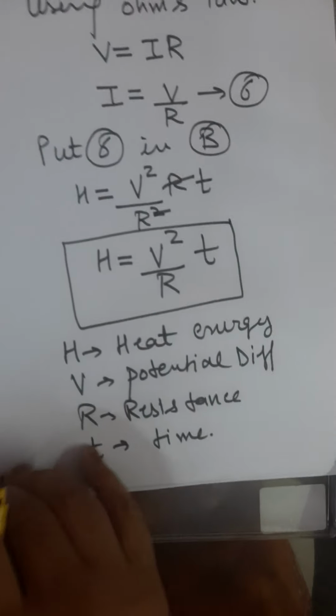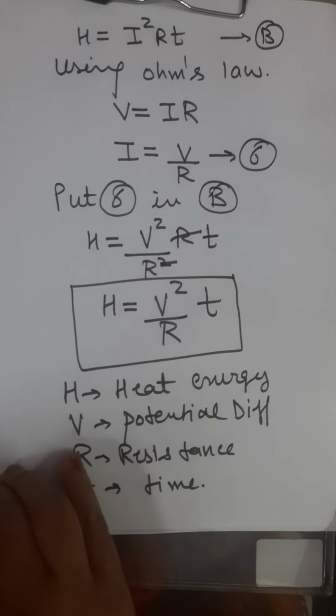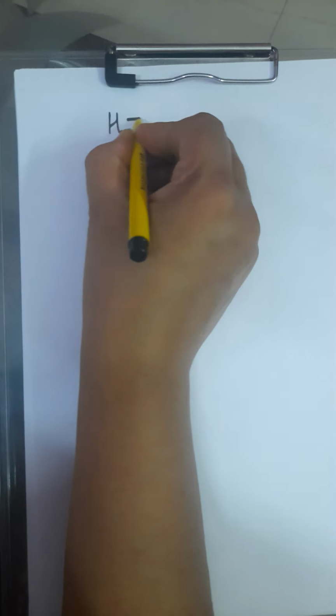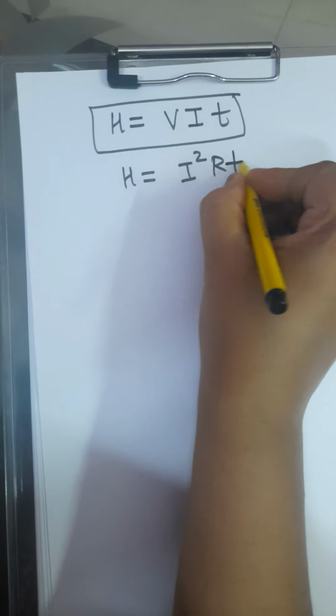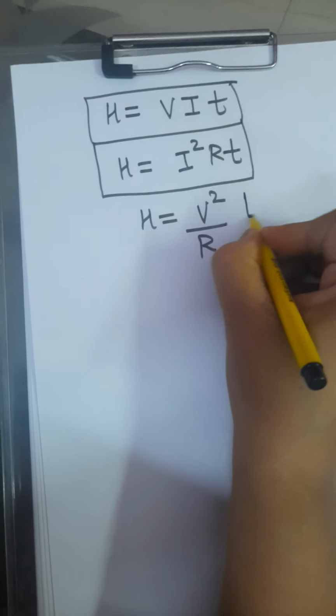Right, children? So we have now 3 formulas of heat, and I am writing them for you again. The formulas for heat are either VIT or I square RT or V square by RT.